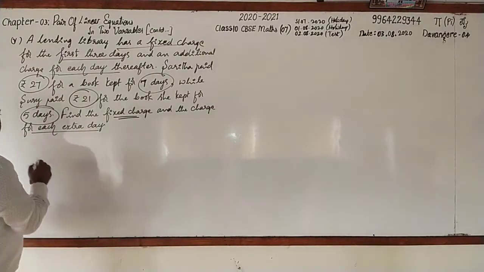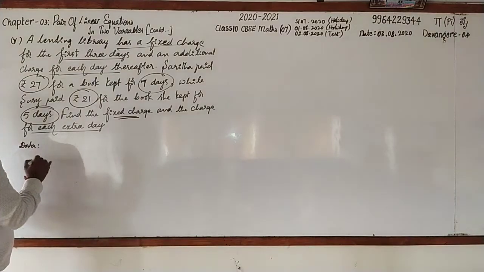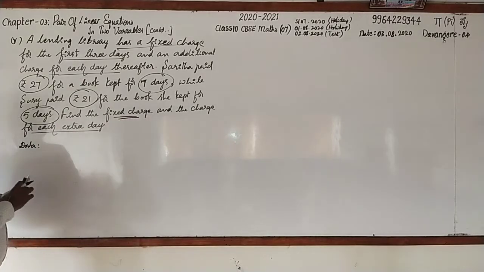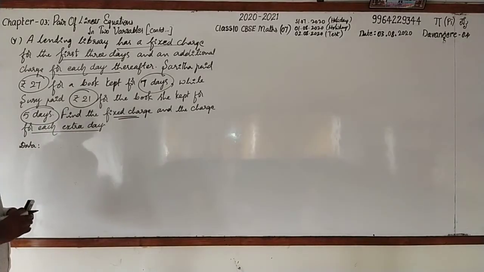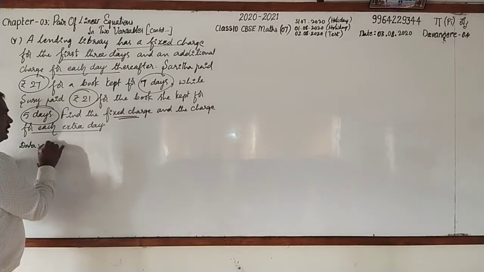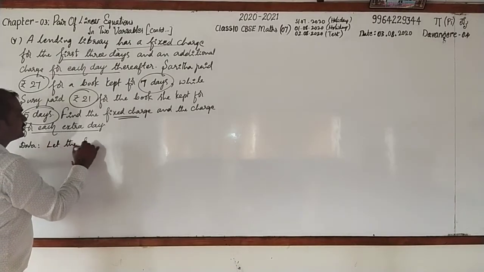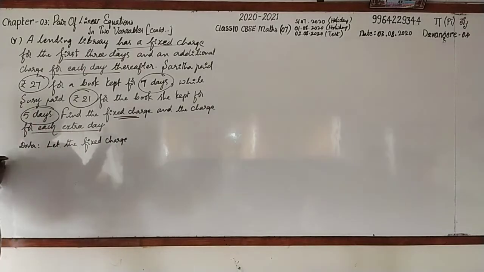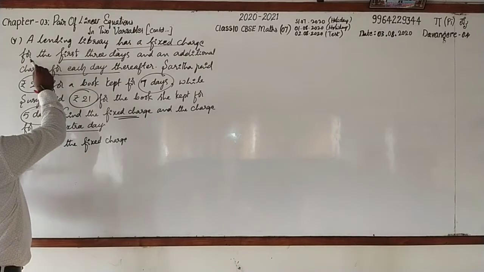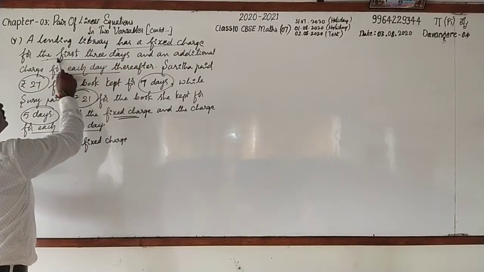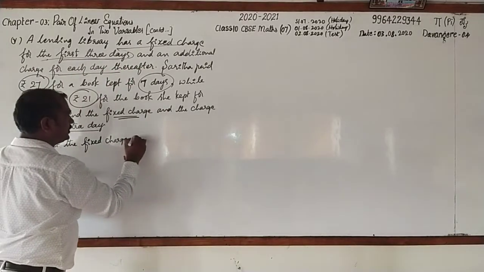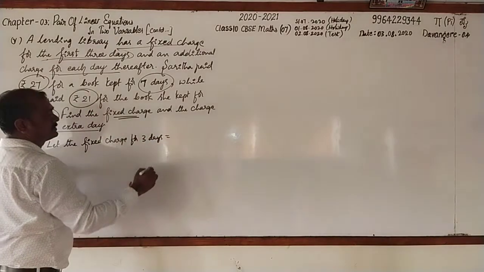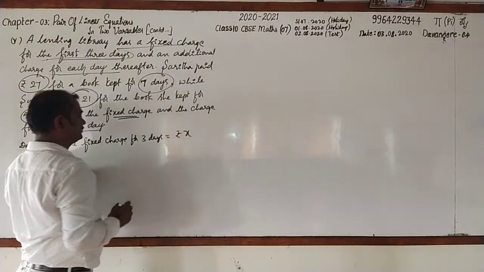Very simple one. First, let us write the data. Find the fixed charge and the charge for each extra day. Both are unknown. Let us go for assuming them. Let the fixed charge, and do remember the fixed charge is for the first 3 days, be rupees x.